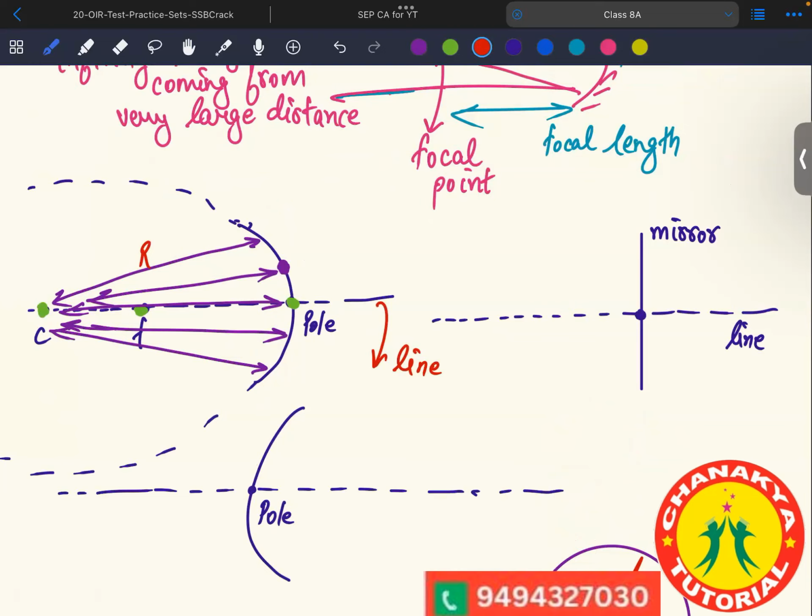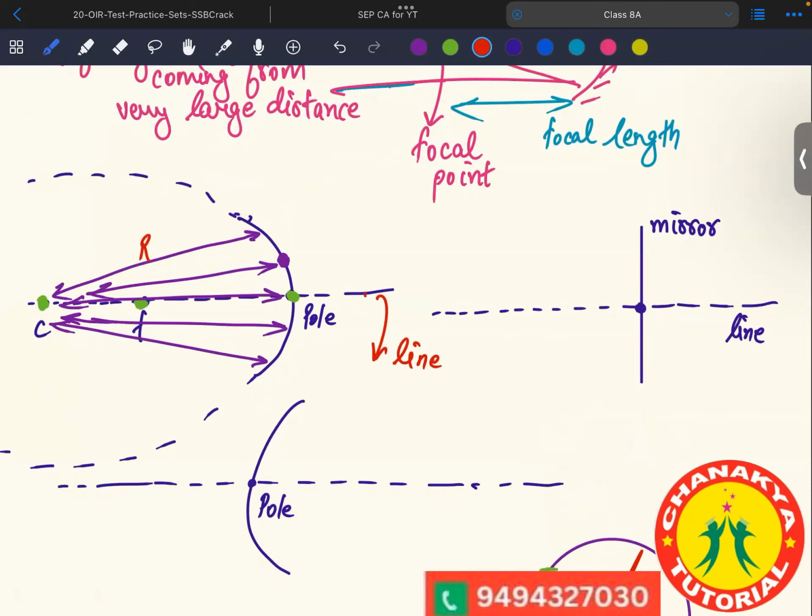What will change if we change the pole's position? Nothing will change. If you say this is a pole, then the mirror should be here. On the mirror only can we change the position; you can take any part of this mirror.